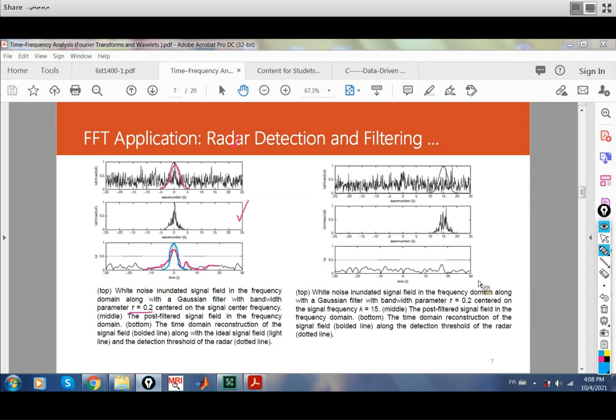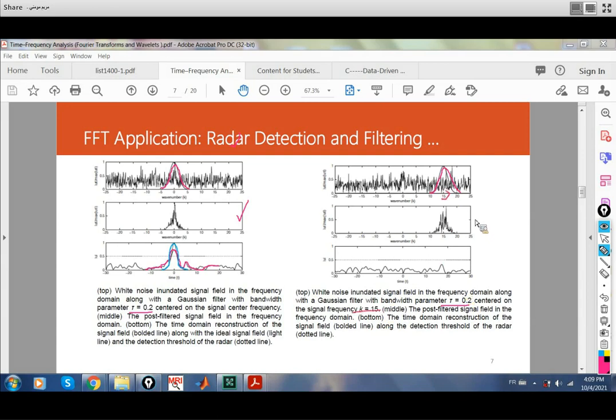And on the other hand, in the right figures, if we select our Gaussian filter with wrong parameters, for example, we again use this Gaussian filter, the bandwidth is 0.2, but it's centered at 15 frequency here.